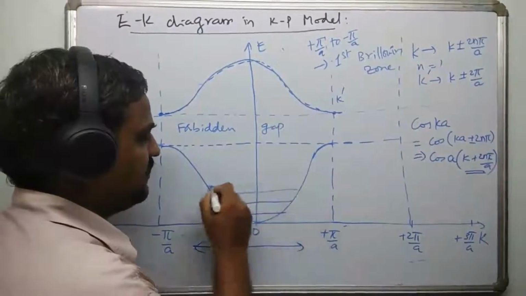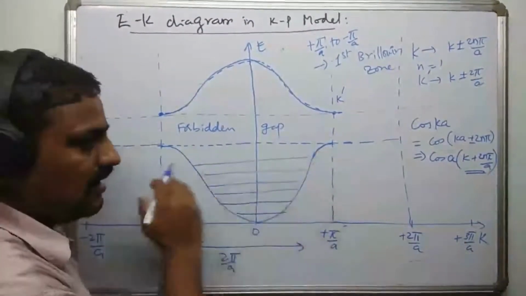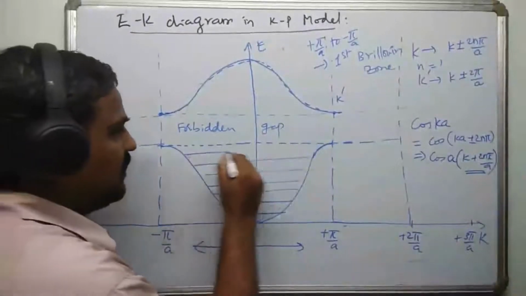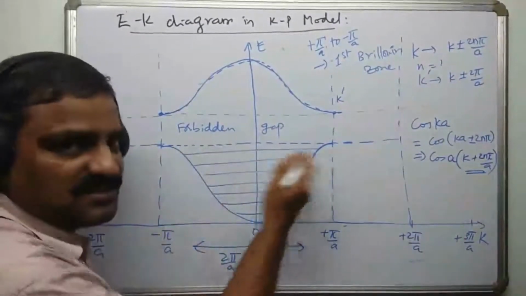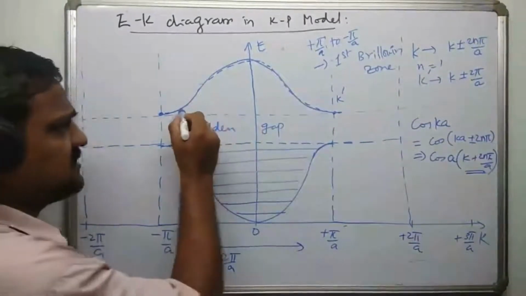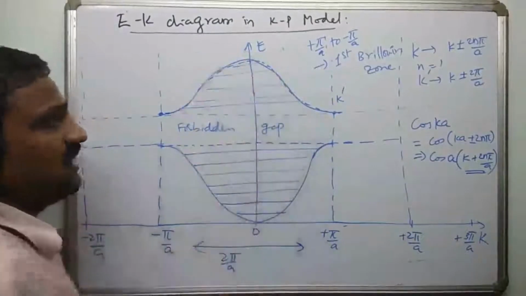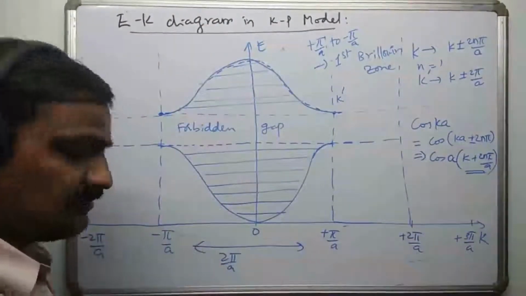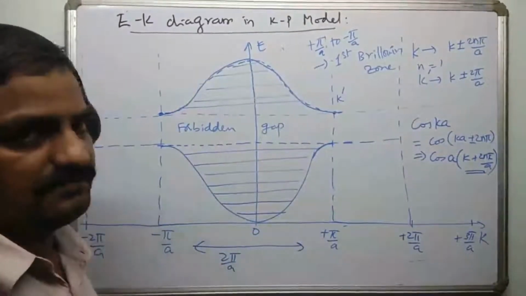Next allowed seat here, here, here, like that. When you have completed the band, the last electron has got filled here and there are no more seats. It's something like one section. Now you will go to the next section. There you will start filling it like this, like this, and you are going to proceed further and further, right? This is the way you fill the energy bands inside the solid.